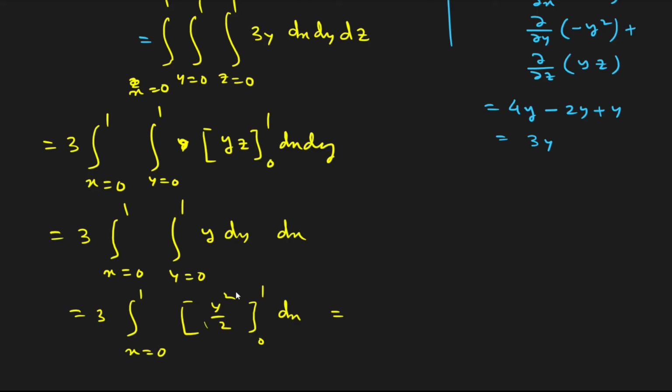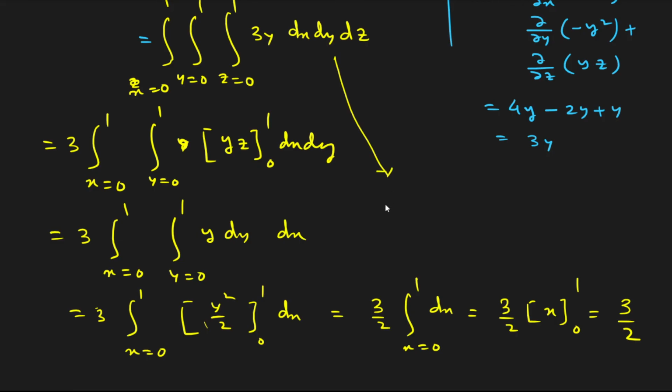After putting the limit, 1/2 will come out, and outside we have 3, so it's 3 by 2, and then integration x equals 0 to 1 dx. Integration of dx is x between the limit 0 to 1. After putting the limit, we get 3 by 2.